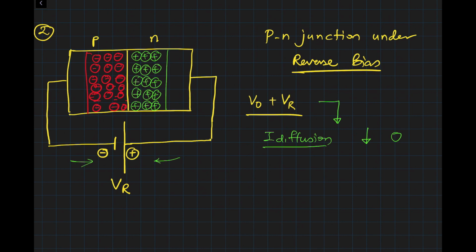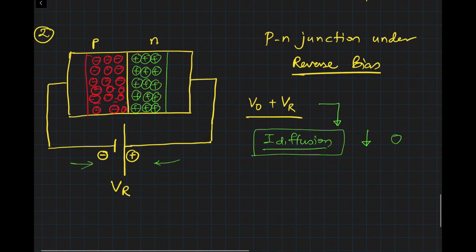Because we are applying negative potential to the p-type and positive potential to the n-type. So as a result of which the diffusion current will drop down to zero. However, these thermally generated minority carriers, they're still there in that region and they will continue to flow.